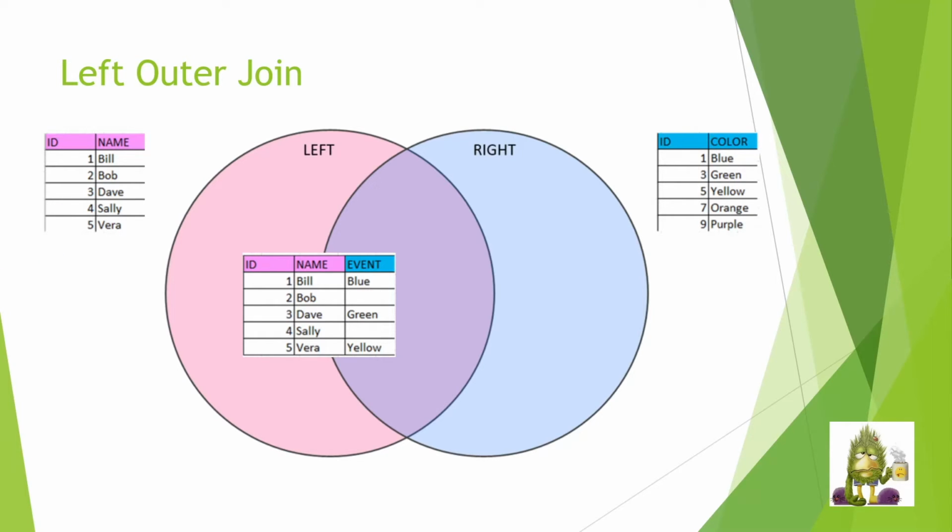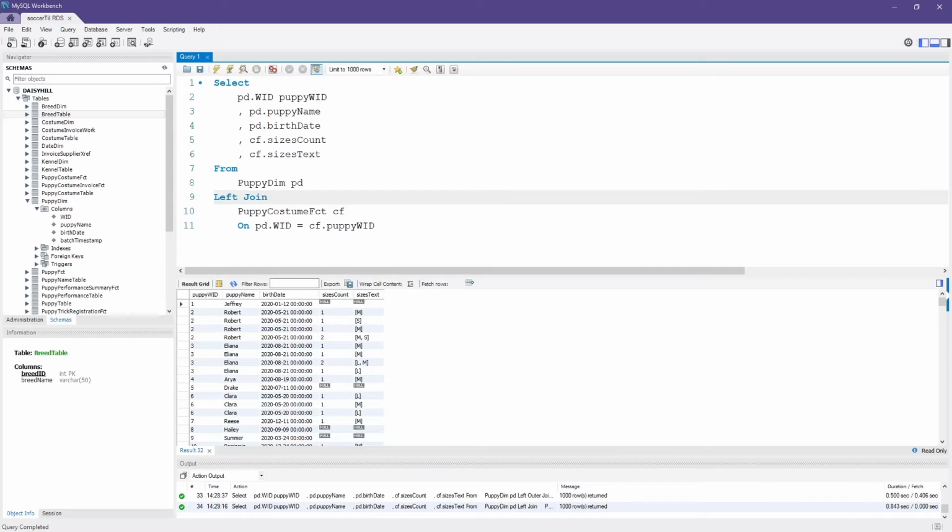But just to show you what we can do with the right, it's actually just looking at the data in the reverse order, where you start with what I call the minor table, and then you finish with the major table. If you look at this query we have right here, you can quickly modify this into a right outer join.